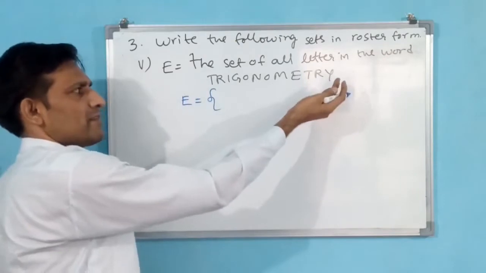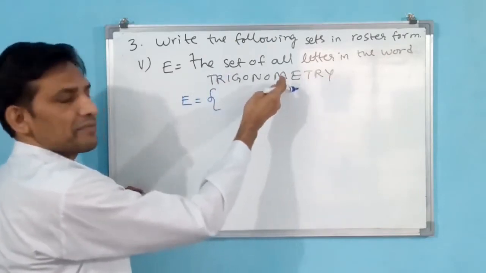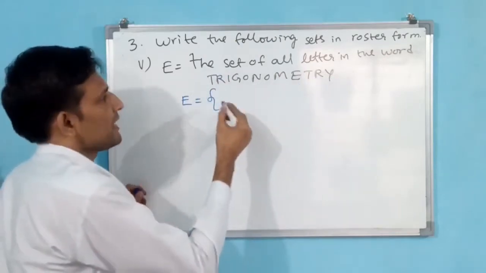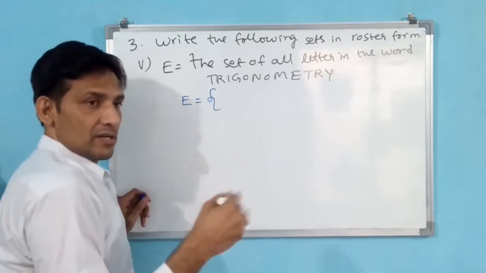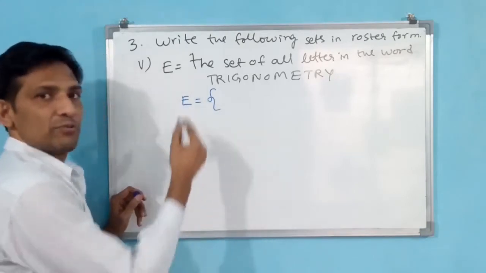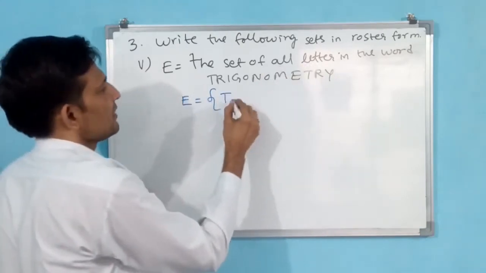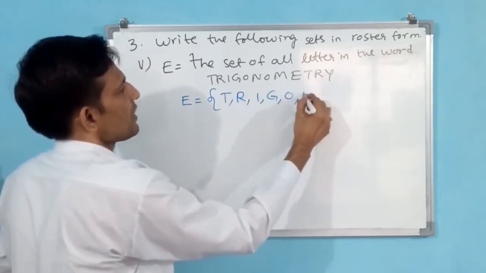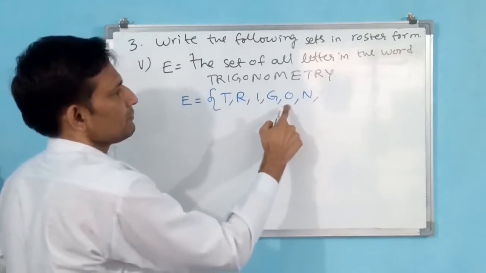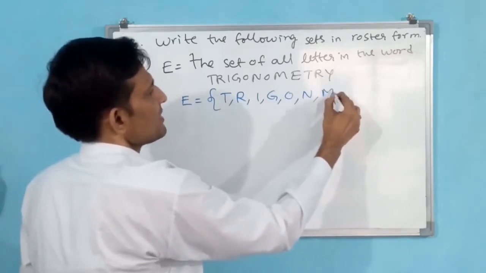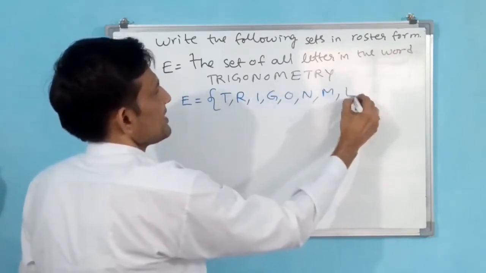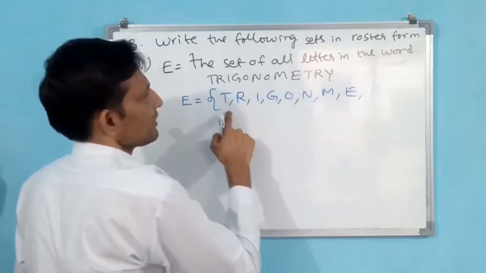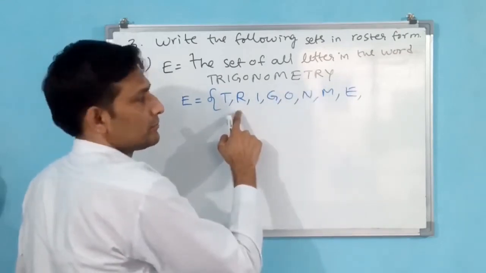You can take from Y also, from T also, from M also, whatever you may like. But for the sake of easiness, we take from the start: T, R, I, G, O, N, O already came, don't take it again, M, E. T already came, R already came, Y.